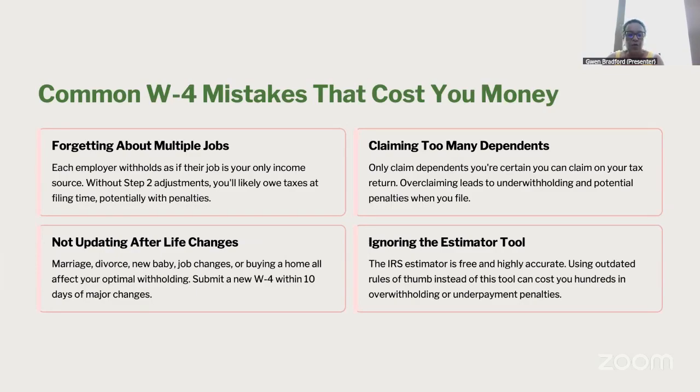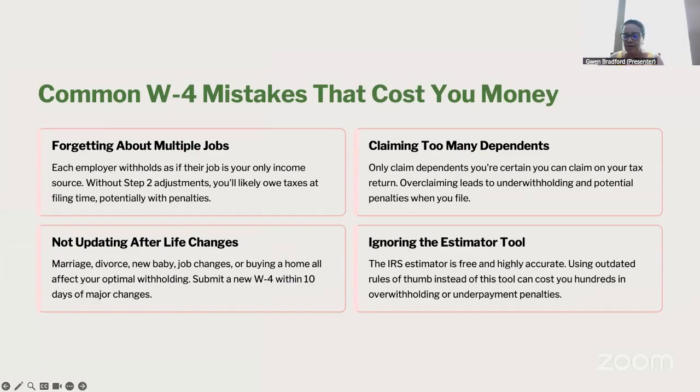So there are common mistakes that people make on their W-4, which I mentioned in regards to multiple jobs. So what you want to do is make sure, if you have a spouse, that you take advantage of step 2 by determining from who makes the most to who makes the less.